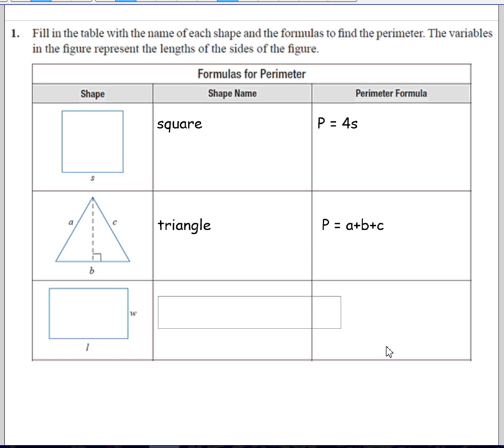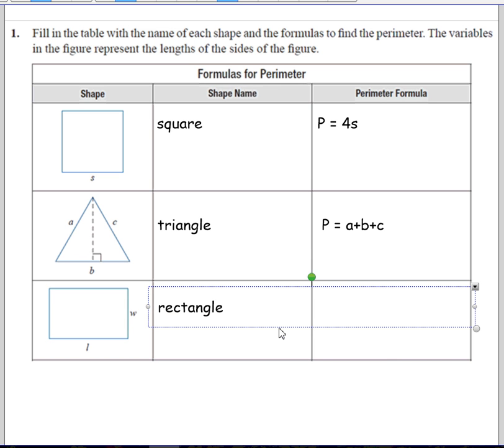Next shape we have is the rectangle. And notice they label L for one of the lengths and W as the other. So L represents the length and W represents the width of the rectangle. And opposite sides are the same length, so the top and the bottom are both L's.